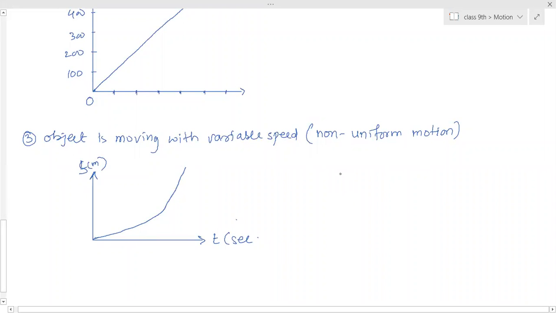For non-uniform motion you will get this way or this way also, like this. Any one way you can get it, depending on the values.